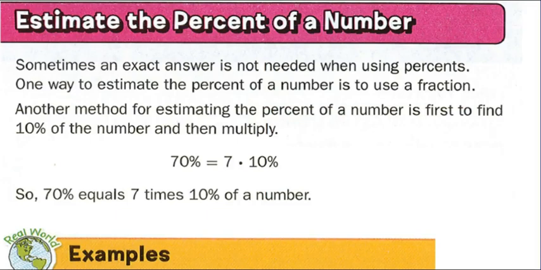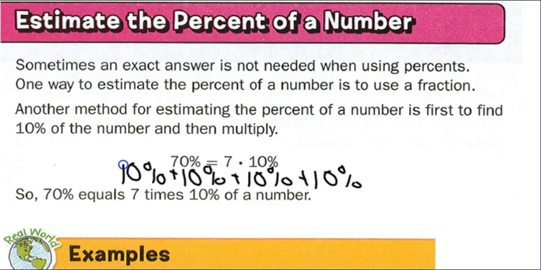Or you could think about 70% as being 7 groups of 10%, and you're adding them. How many up to now? I have 1, 2, 3, 4, 5, 6, 7. So 7 groups of 10% is your 70% in that particular case.